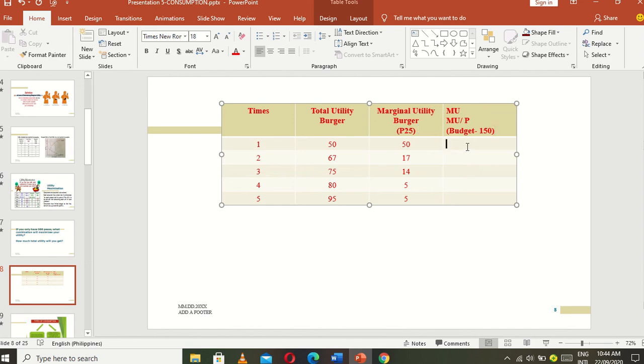What you will do is divide the marginal utility by its price. So, marginal utility 50 divided by 25 makes 2.